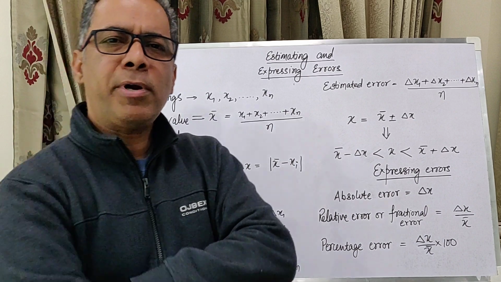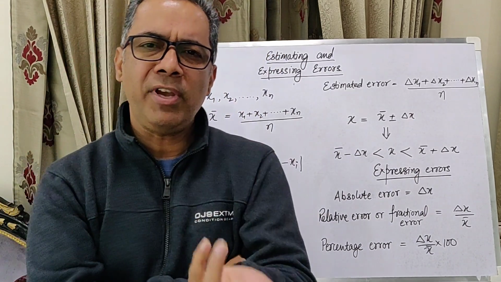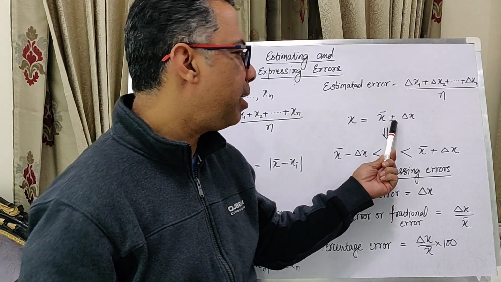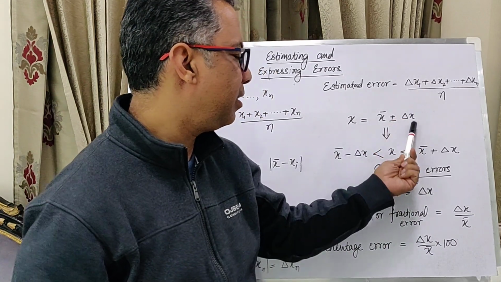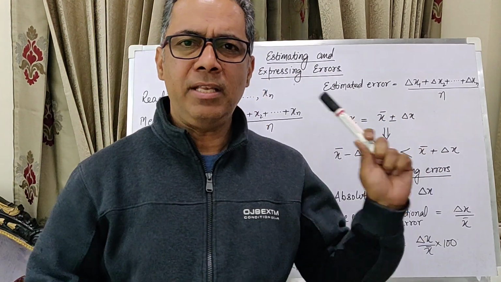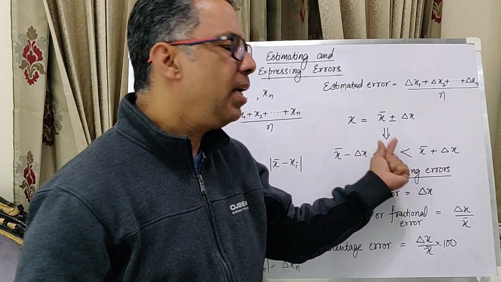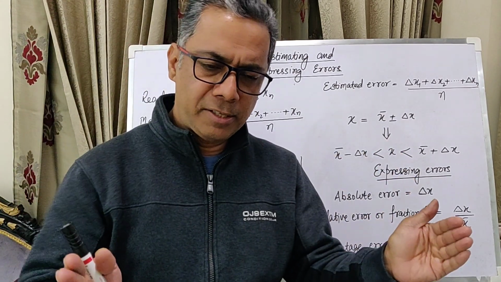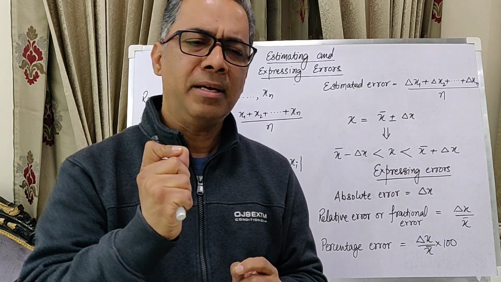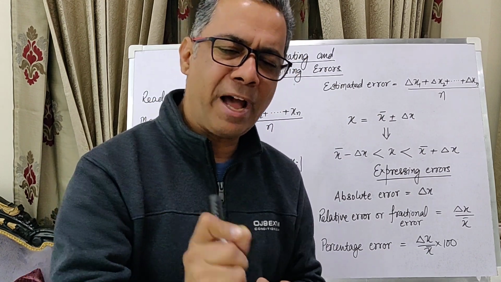Now, when we express the measured quantity, the way it is expressed in physics always is x bar plus minus delta x. That's the error. So here what we are really saying is that the measured value x actually lies in a certain range. We can absolutely never get to the absolute true value.